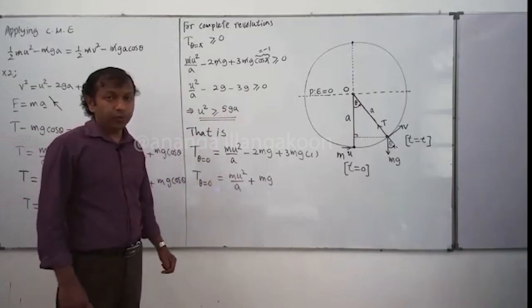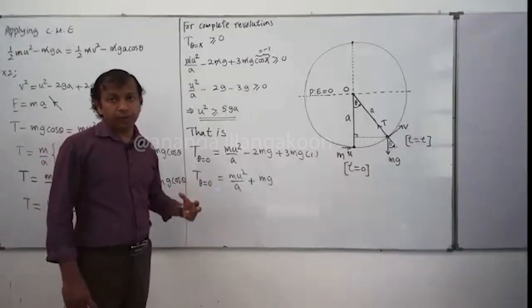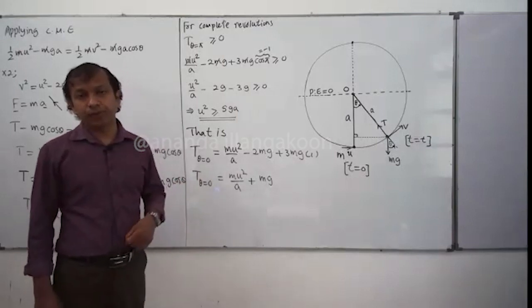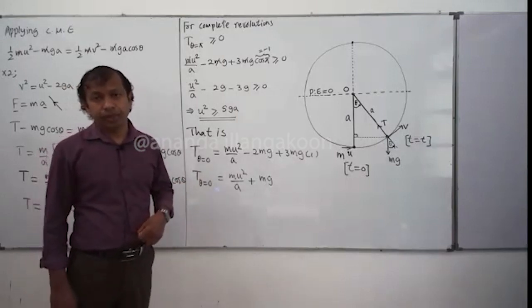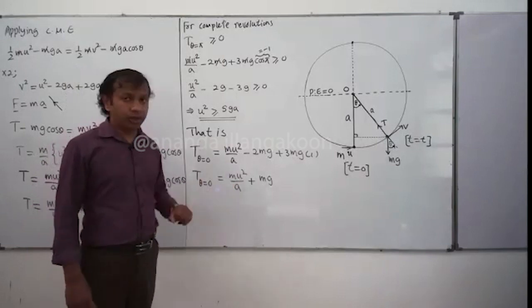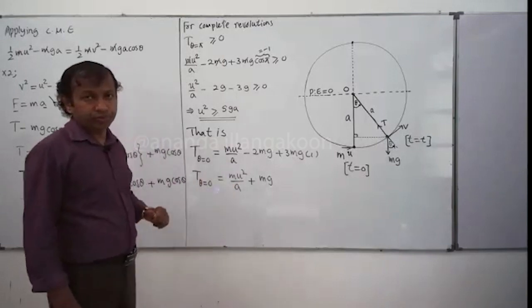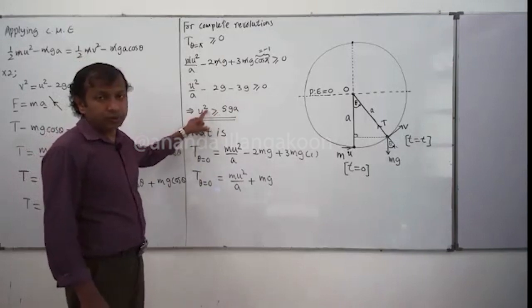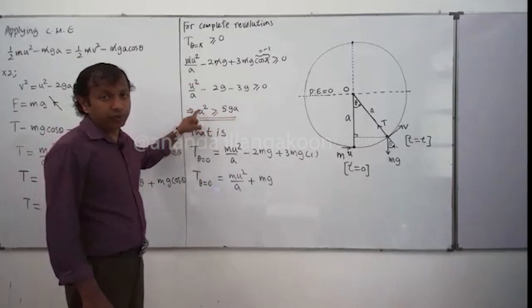At the very beginning, when we project the particle, maximum tension occurs, and it depends on this U squared. But the minimum value of U squared is what? U squared should be greater than or equal to 5GA, no? The minimum value of U squared is 5GA, therefore.